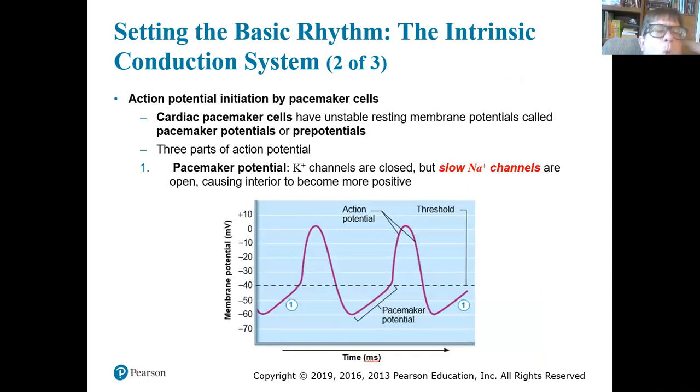All right, so the action potential is started by pacemaker cells. You already know those are in the AV node and the SA node. They don't have a stable resting potential.